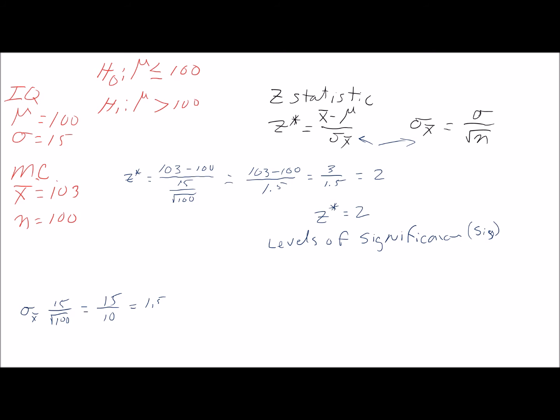One of those levels, and these are probability levels, would be a 0.05, and the other is a 0.01 level of significance. So we're talking about, on this side of it, a 5% chance of getting that score, and on this side of it, a 1% chance of getting that particular score.